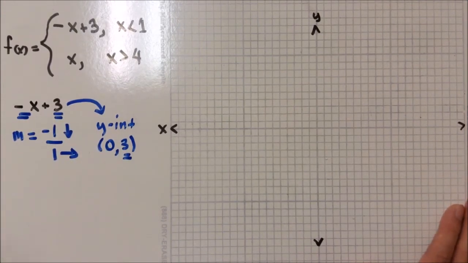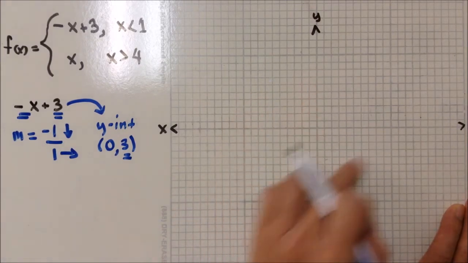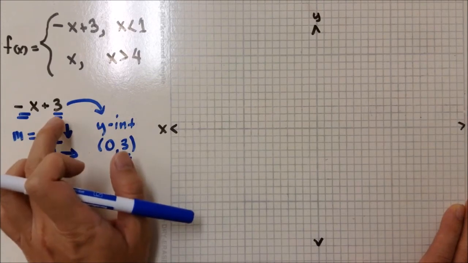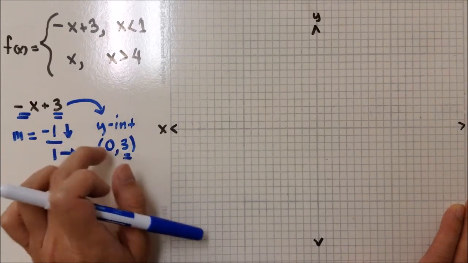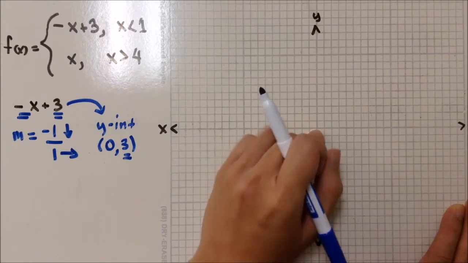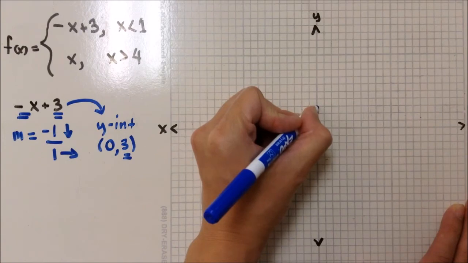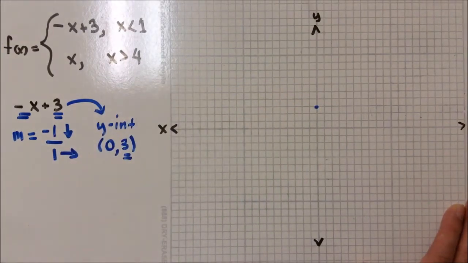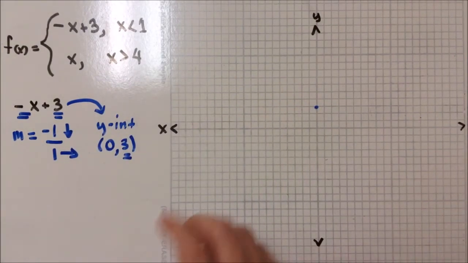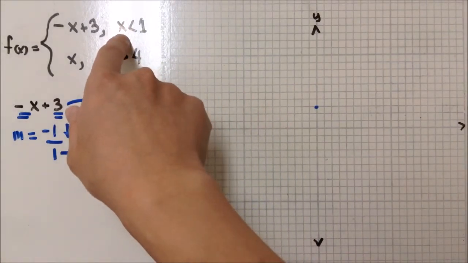Alright, so, graphing here. So here's our y-axis, here's our x-axis. I'm going to look for 0, 3. So in the center, 1, 2, 3. So here's the y-intercept. Now here's the situation. The graph can only be shown where x is less than 1.